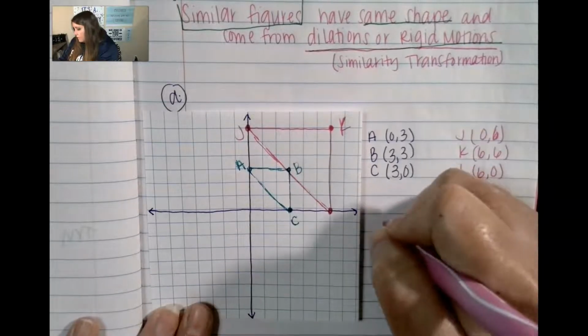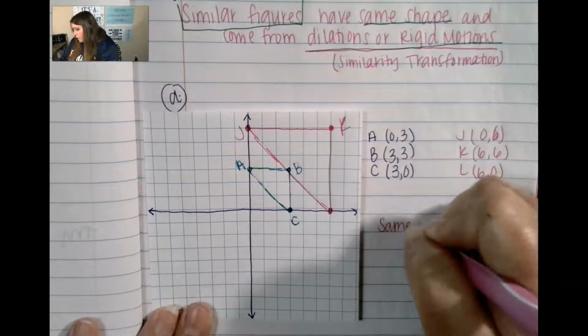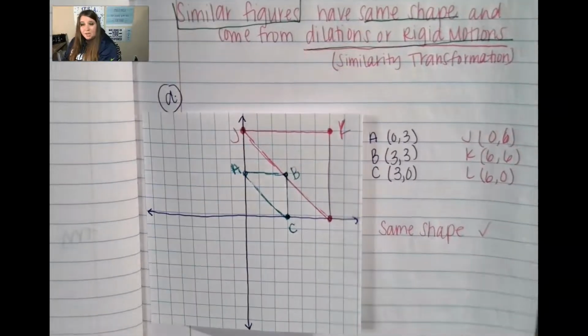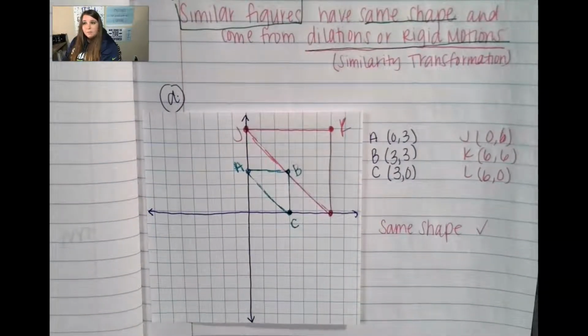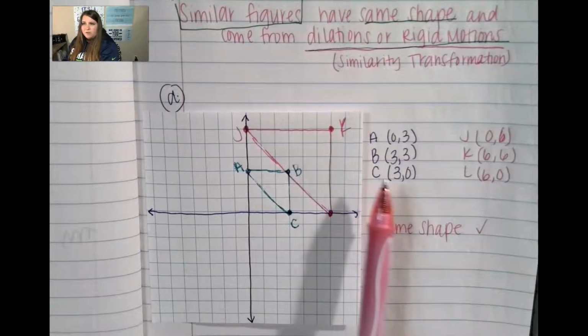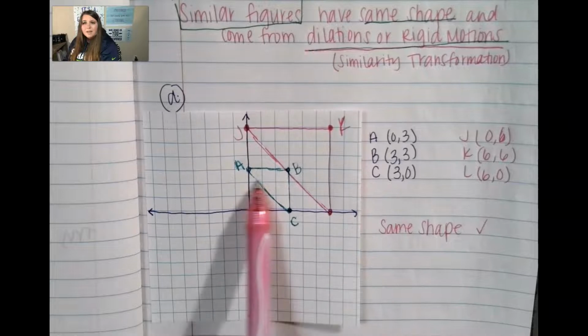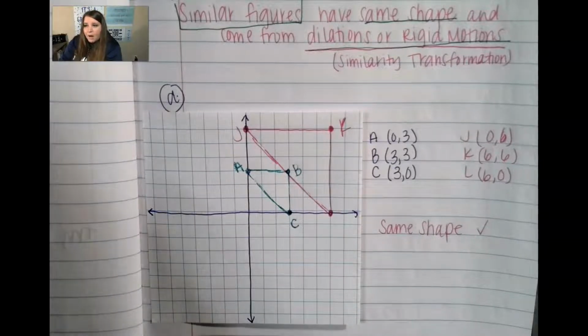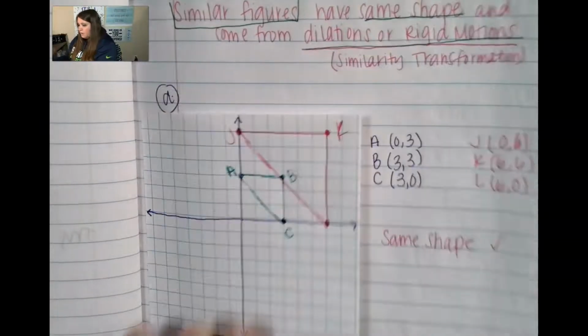Yes. Same shape, that is important. But now we need to think about how we get from one to the other, because one is bigger than the other. Is it proportionate?